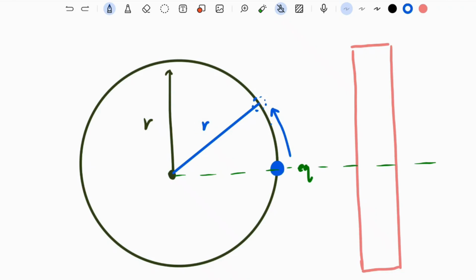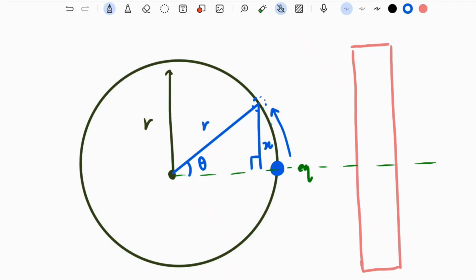I'm going to label this as x. And just now I said it moves through an angle. I'm going to label that angle as theta. And this, if you can see, is actually a 90 degrees triangle.